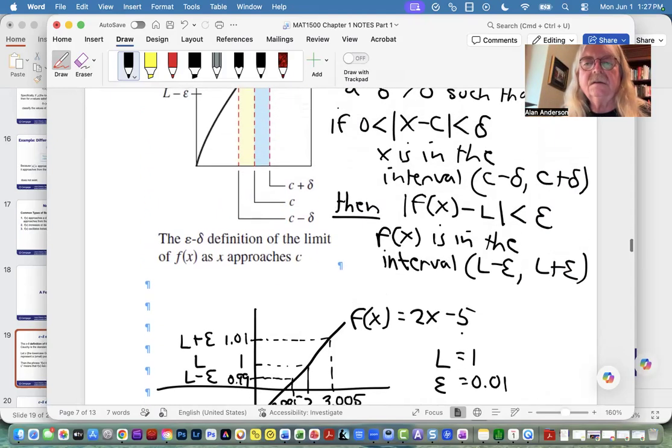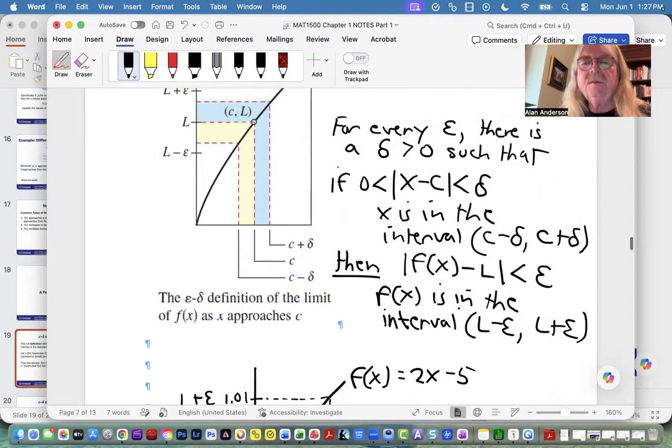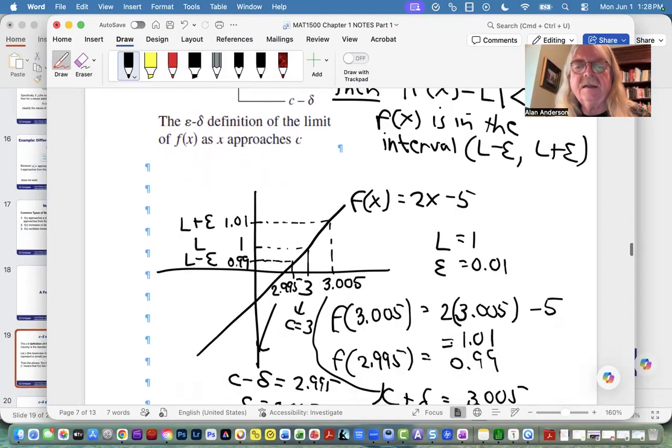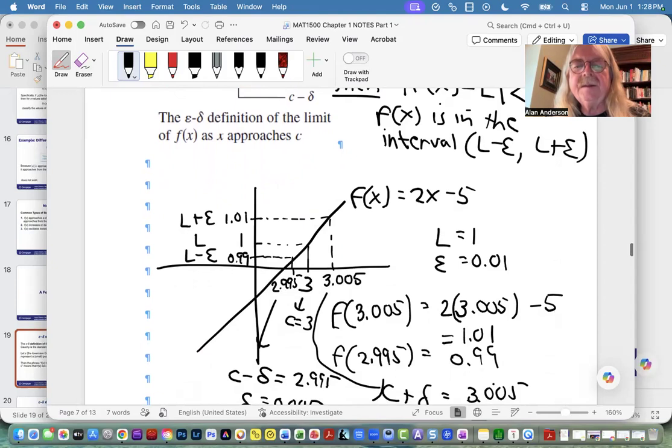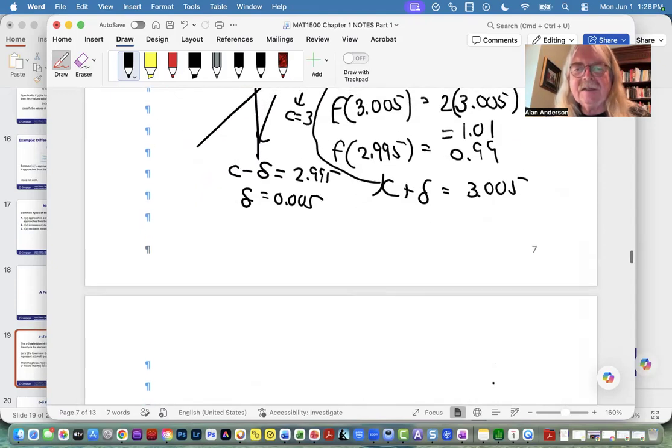So assuming that X is in that interval, this is the bottom line right now.